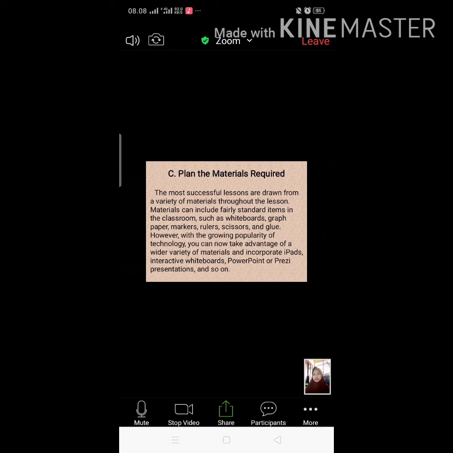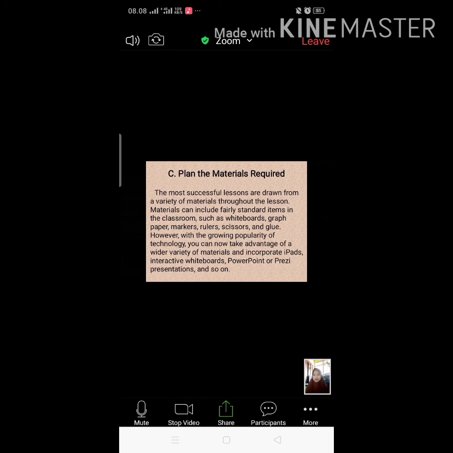D. Consider the number of students. There are times when the number of students participating in the lesson or activity is an important factor in the design and implementation of implementing and managing engaging instruction lessons.